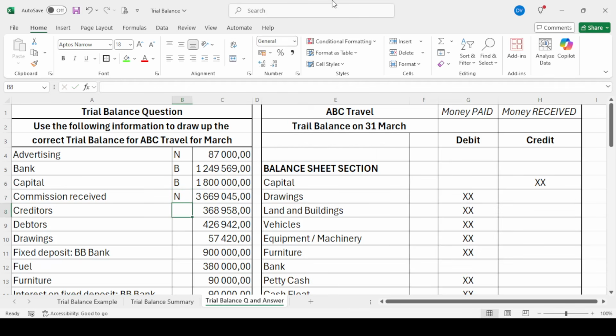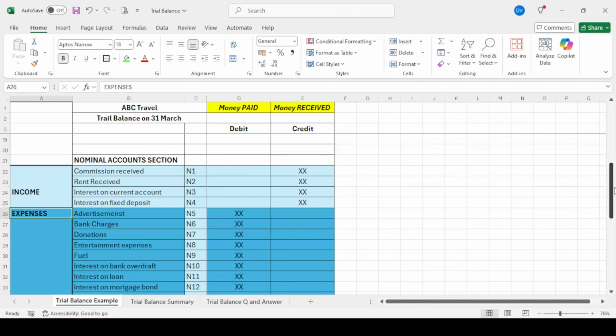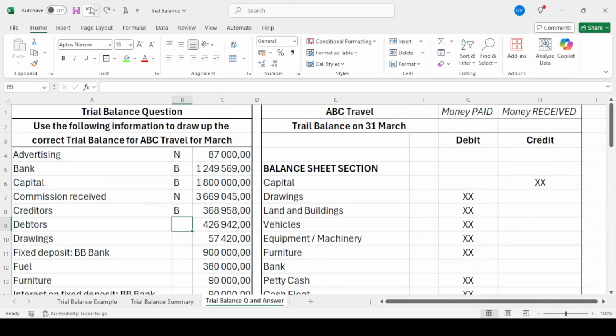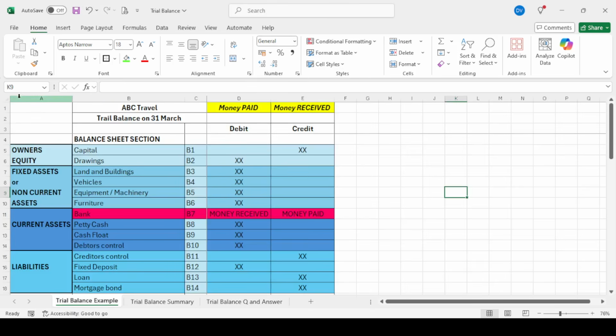The next one is creditors and debtors. We know that both of those fall under our balance sheet section. Drawings forms part of what? Can you remember? Let me show you. Your drawings forms part of your owner's equity. There we go, capital and drawings. I just want to make this bigger, sorry.